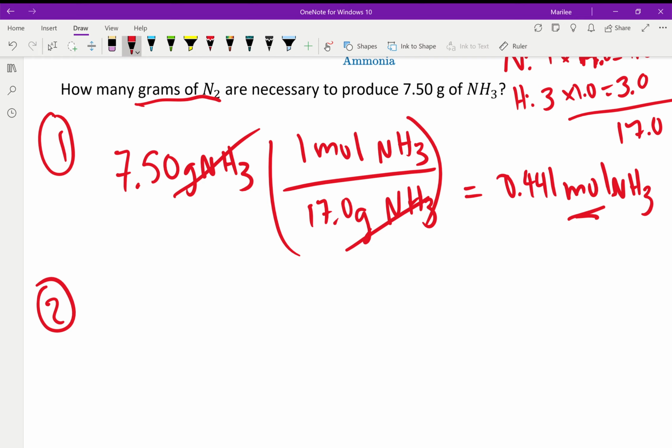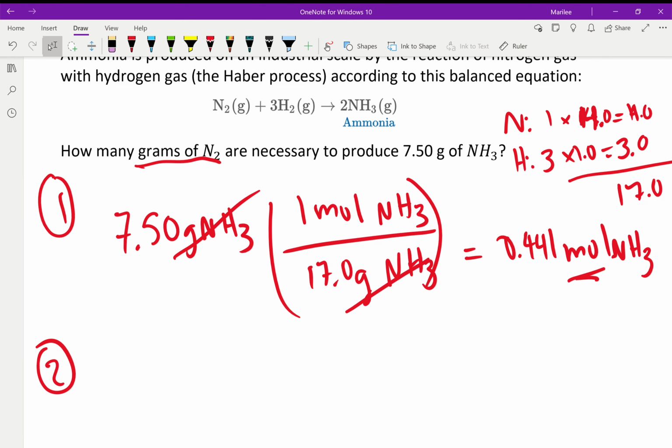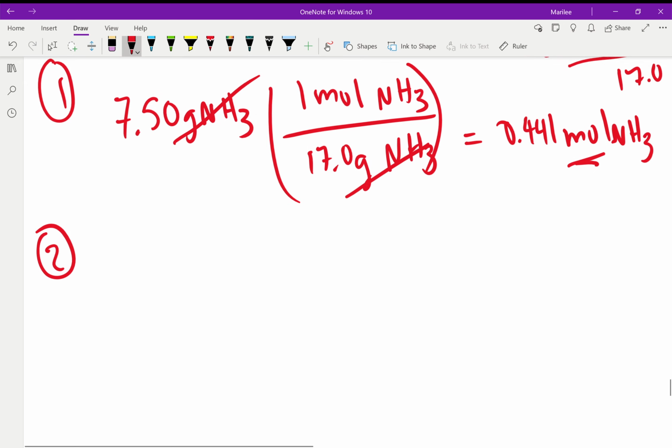Okay, so our step 2, we have to convert the moles of NH3 to moles of N2. So we know that in our equation here, 1 mole of nitrogen reacts to form 2 moles of ammonia, right? You see, technically there's 1 here, so we have 1 reacting to form the 2. So we will use that.